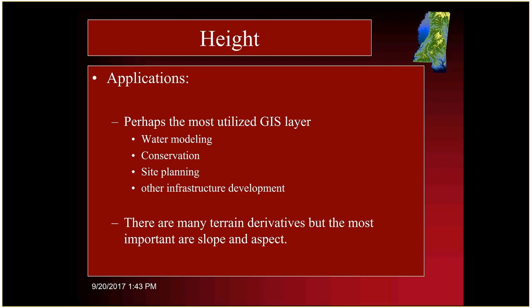Mathematically, how would I describe a change in elevation? Rise divided by run. Run is like XY space, and rise is elevation change. Mathematically, we can calculate slope in degrees as just the rise, the A here, divided by the run, B.